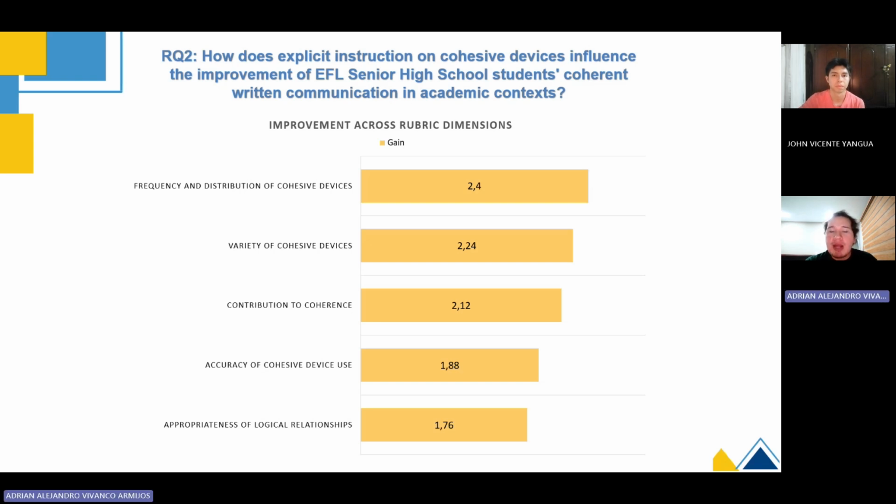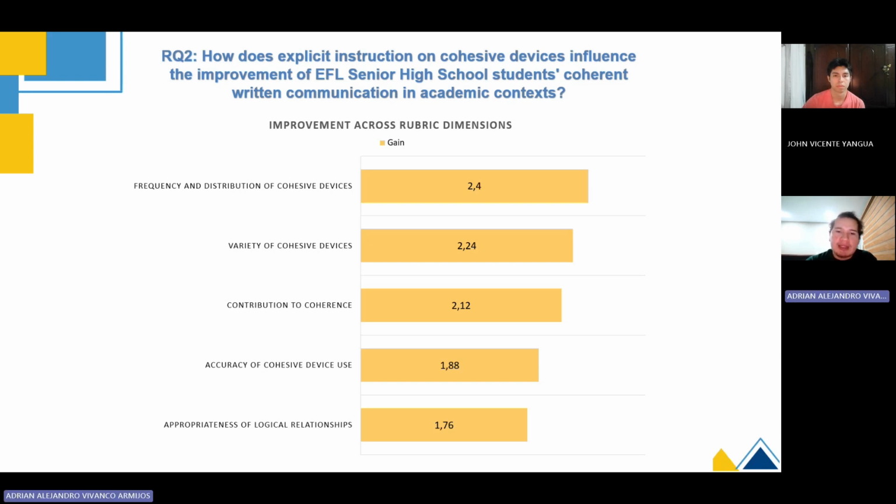Notice that the greatest improvement was observed in the frequency and distribution of cohesive devices, which achieved a gain score of 2.4 points. This may indicate that students became increasingly aware of the importance of using connectors consistently throughout their paragraphs instead of relying on isolated linking words.